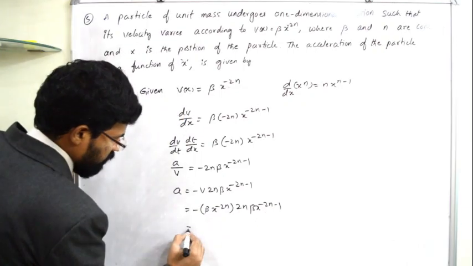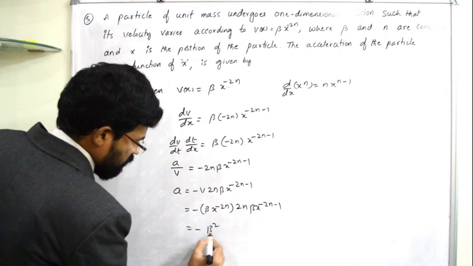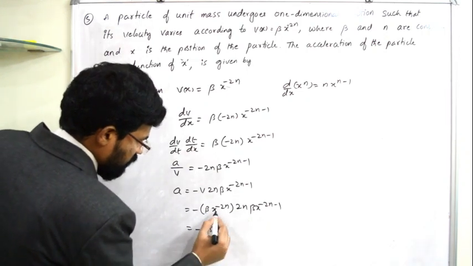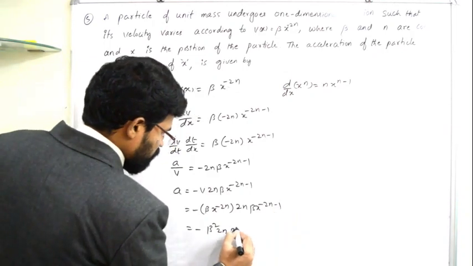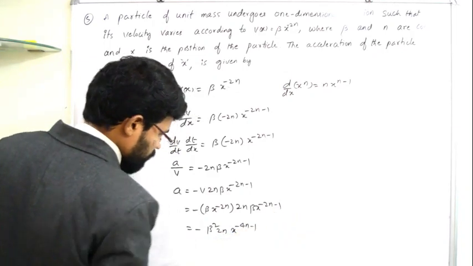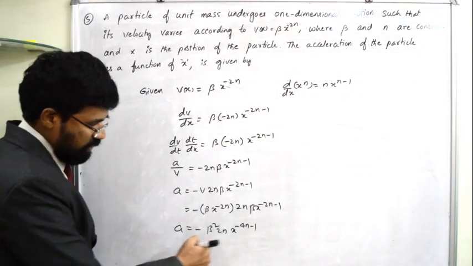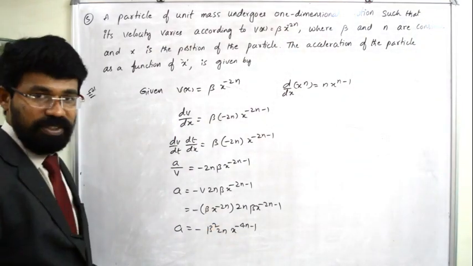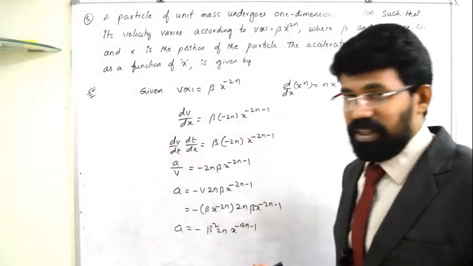Now finally, you can shuffle this: minus 2n beta square into x power minus 2n into x power minus 2n minus 1, which is x power minus 4n minus 1. So this is the acceleration, and here acceleration is a function of x. Beta and n are constants. So this is how you can express acceleration.